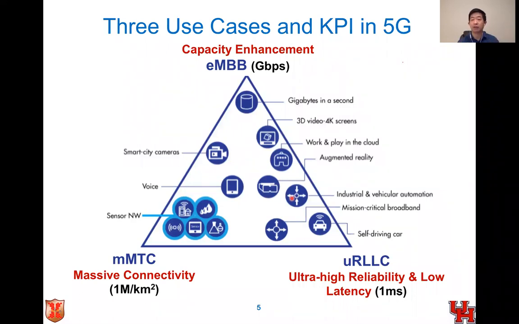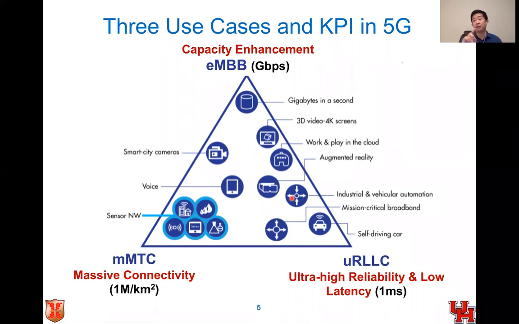The problem is well formulated, but the techniques to achieve these three goals are very diverse. Unlike 1G, 2G, 3G, and 4G, which had their unique techniques like TDMA or OFDMA, in 5G there is no unique technique.